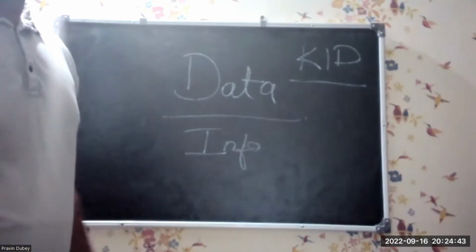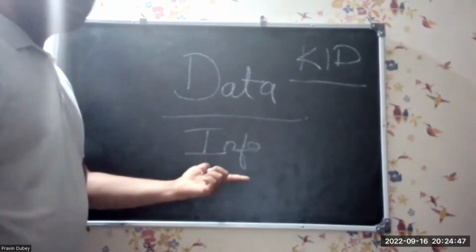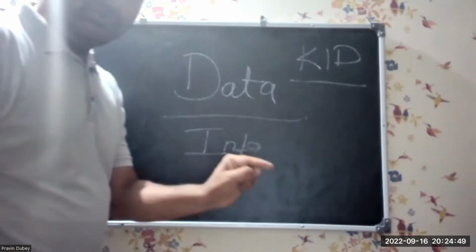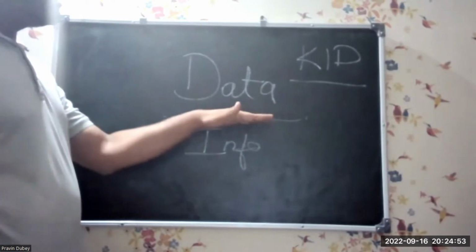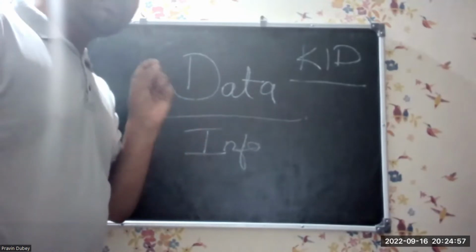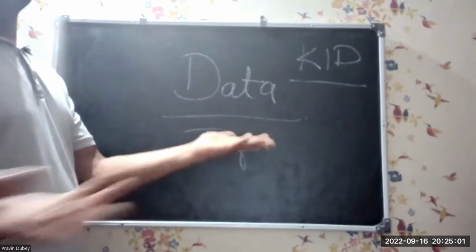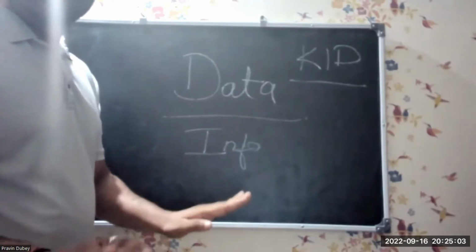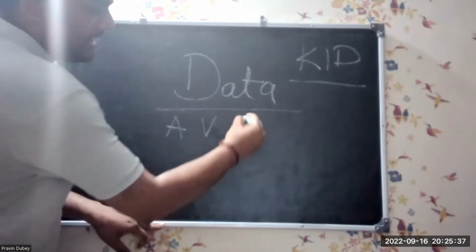Everything around you is data. But what is the difference between data and information? Information is a thing which is relevant to you. Data is anything around the world. This is generic. This is specific to you. If it is relevant to you, it is information. If it is not relevant to you, it is just any other data.